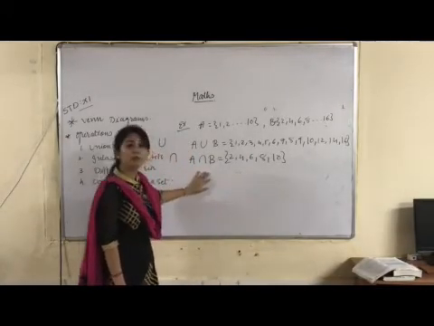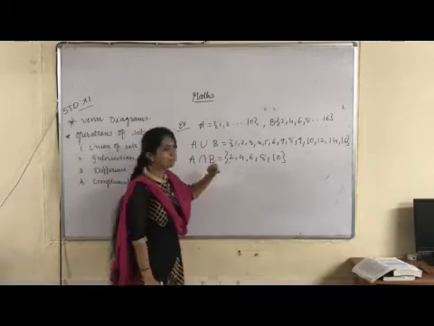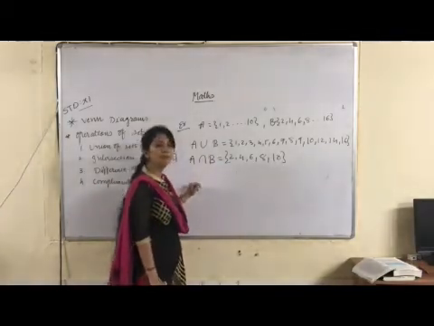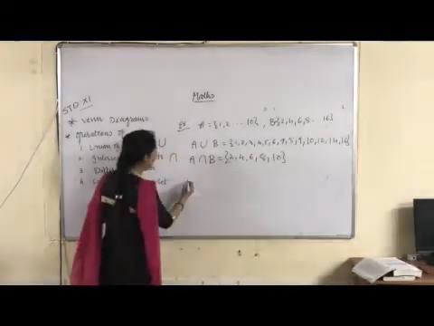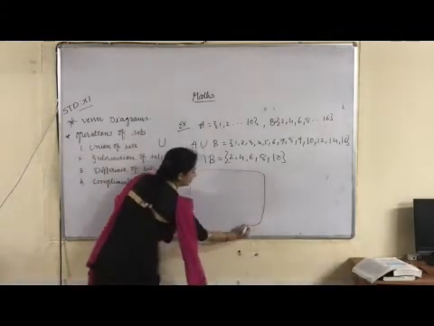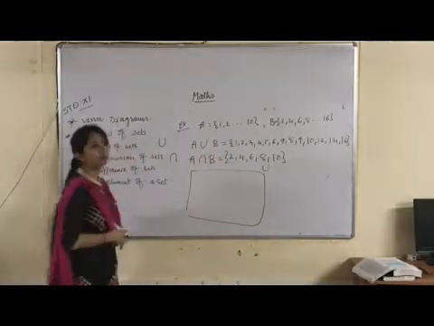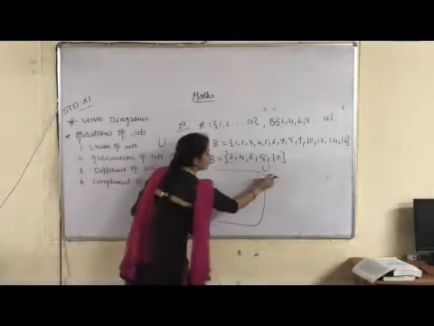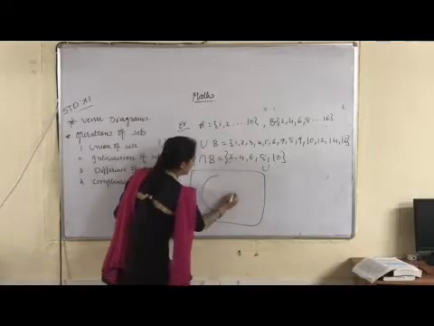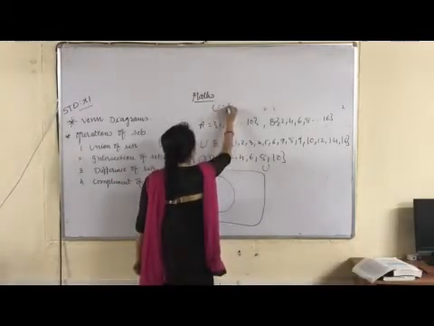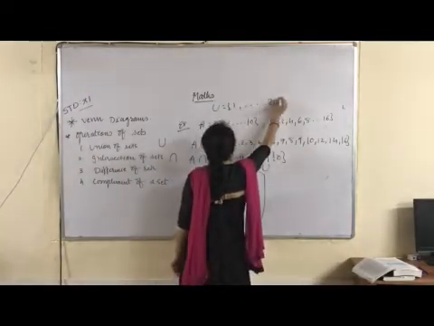Now in your mind there will be a question: madam, how can we represent this union and intersection by a Venn diagram? Let me draw this. For both of these I will draw one common Venn diagram. This one is the universal set, in which let me define U equals 1 to 20.